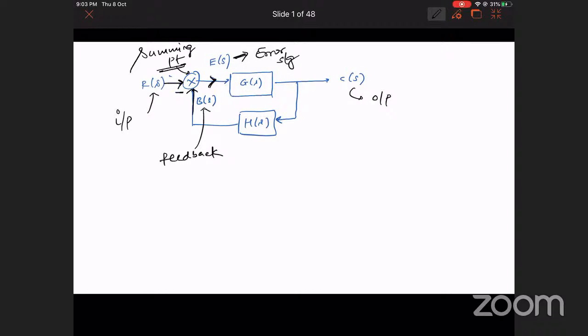It is the addition of two inputs, R of s along with B of s with negative sign. Can anybody tell me what E of s is then? Very simple question I have asked, guys. What is E of s then?